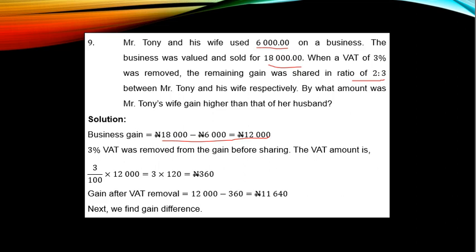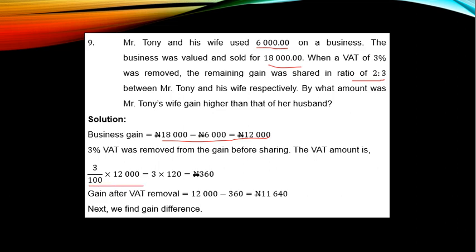Before sharing this gain, VAT, value added tax of 3% was removed. So you have to get 3% of 12,000 and remove it first. So 3% VAT was removed from the gain before sharing. The VAT amount, 3% means 3/100 times 12,000.